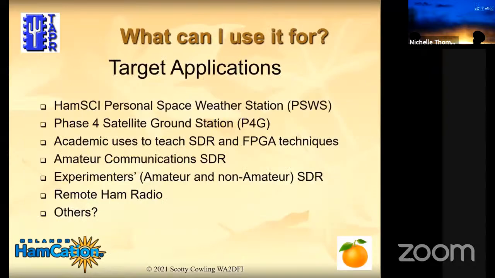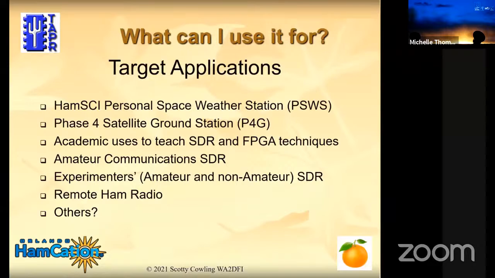Okay, so that said, what can I use it for? Well, the first application is going to be the HAMSI Personal Space Weather Station, but the plans are these other uses down here, like Michelle said, a Phase 4 satellite ground station. Perhaps we'll have boards for that. Definitely academic uses to teach SDR and FPGA techniques at universities.